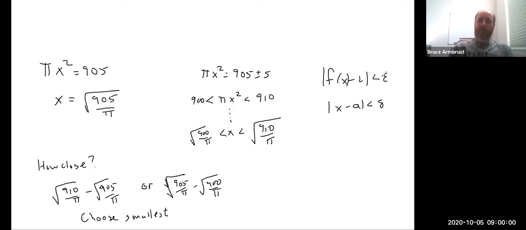Remember, epsilon was how close we have to be to the actual value. So in this case, the actual value, that is our area. So that's going to be our L. So what's going to be our epsilon? Remember what epsilon is: how close we want to be to the actual value.